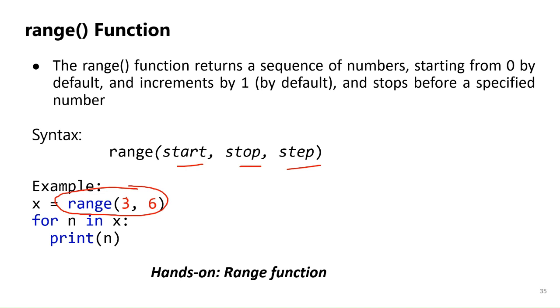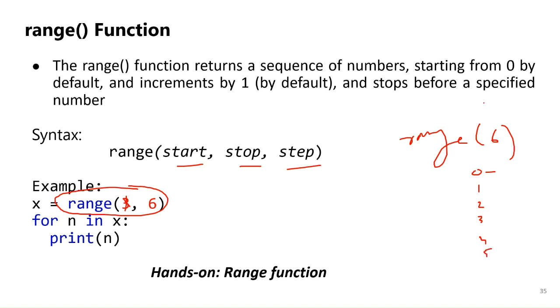But if we are not showing the start and we are showing only the end, say range of 6, that means 0 to 6, that is 0, 1, 2, 3, 4, 5. 6 will not be included.